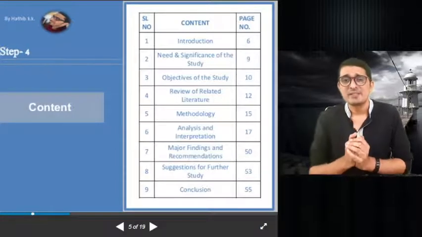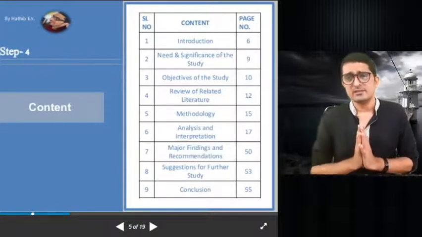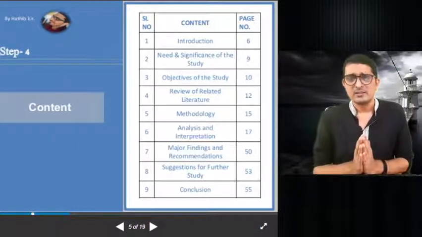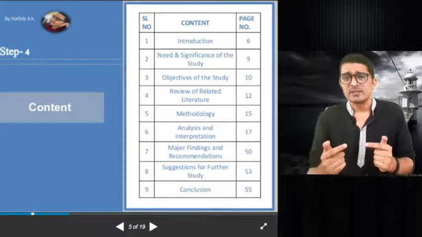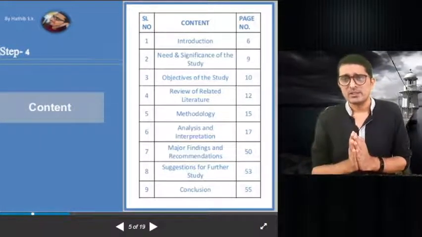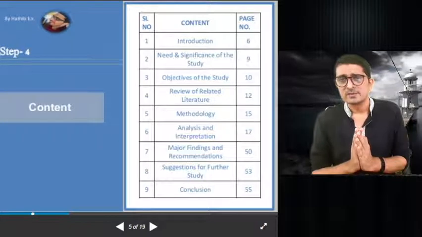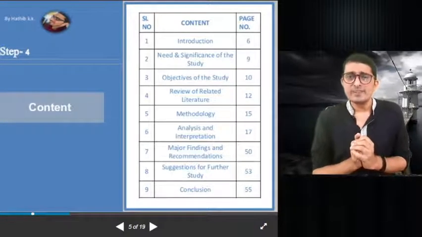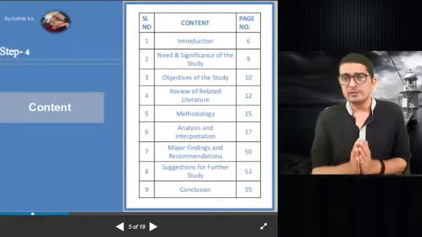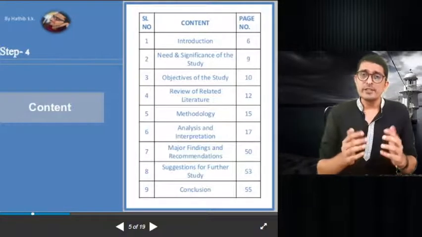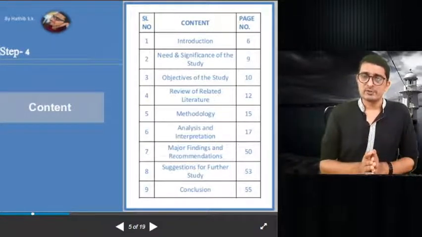Then the fourth stage is the content page, and this is something inevitable, something unavoidable. You cannot ignore this one, because when a person starts reading your report, he should be able to see on which page a particular item is written. For example, some people may be going through your work just for looking at the review of related literature which you have included.